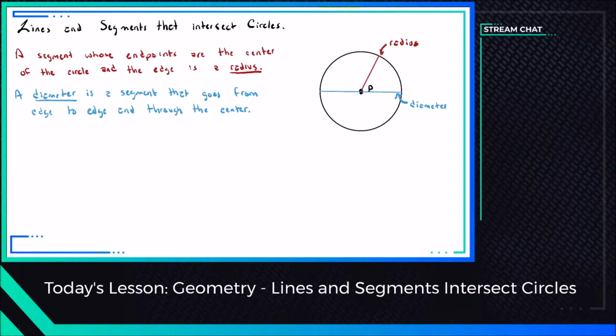What if we draw a segment now that goes from an edge to an edge, but doesn't go through the center of a circle? And this segment is going to be called a chord. And so a chord is a segment whose endpoints are on the edge of the circle.